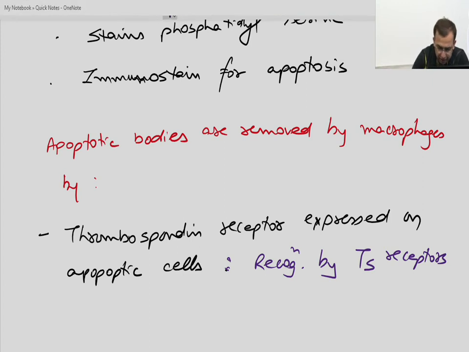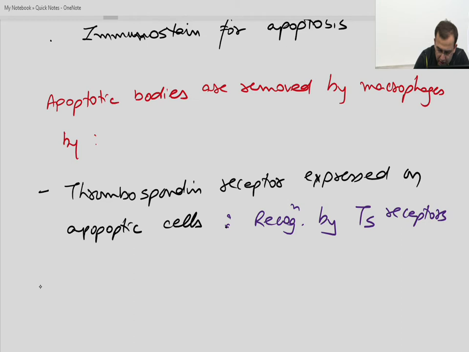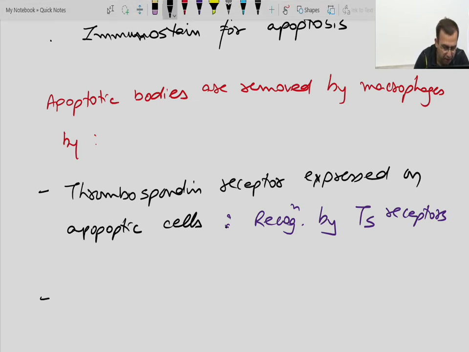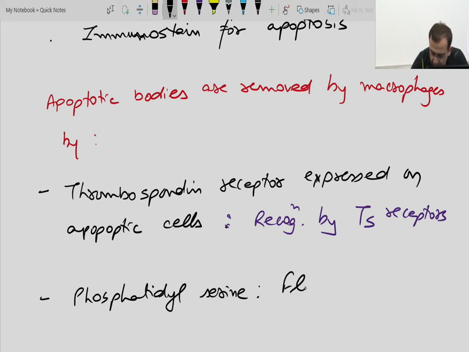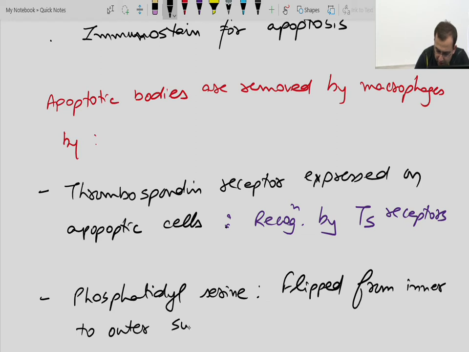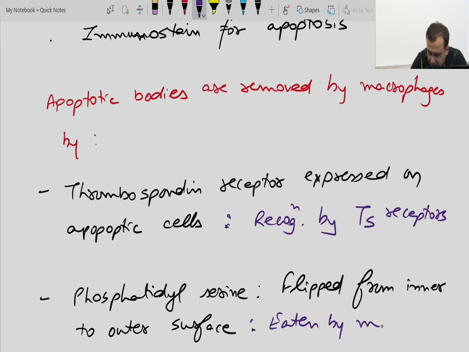First point. Next, they are also removed by macrophages by phosphatidylserine. How? Phosphatidylserine is flipped from the inner to the outer surface, which in turn is eaten up by macrophages.